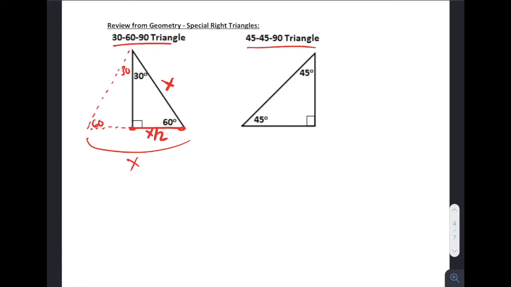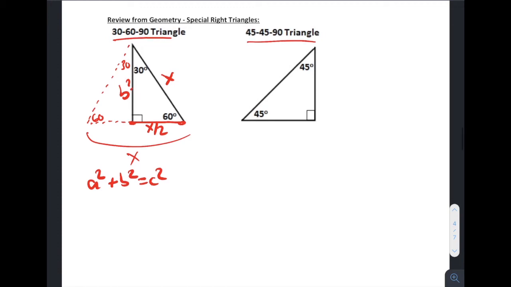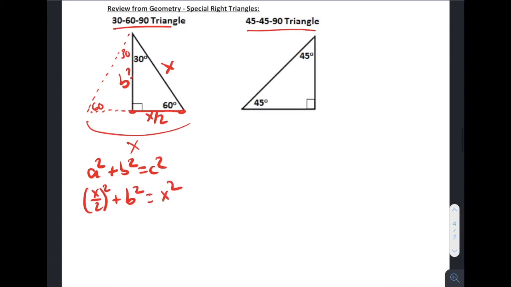Then we know that since this is a right triangle, the Pythagorean Theorem applies. And so you might remember your a squared plus b squared is equal to c squared. If I'm trying to figure out, I'll call this my b here. What is that b? We can say that we've got x over 2 squared plus whatever b squared is equal to our hypotenuse squared, which is x squared.